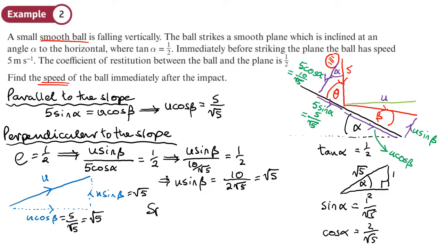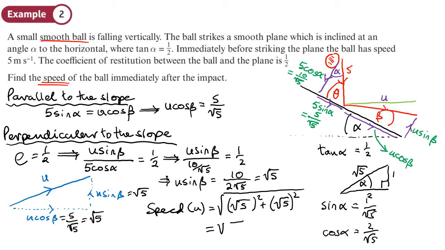So the speed, which we've called u, is equal to Pythagoras done on these two components. So the square root of 5 squared plus the square root of 5 squared, and that will give us root of 5 plus 5, so root 10, which we can leave as that if we want, meters per second, or change it to 3 significant figures.